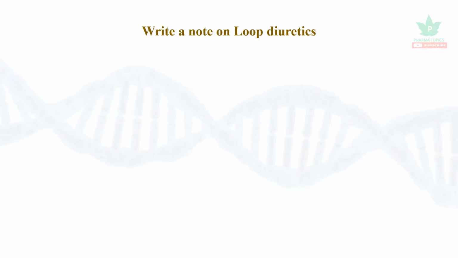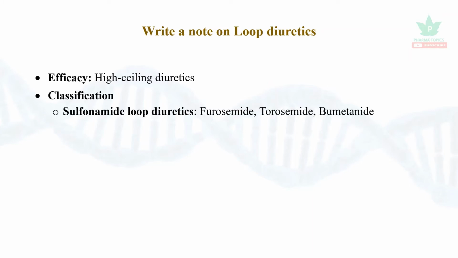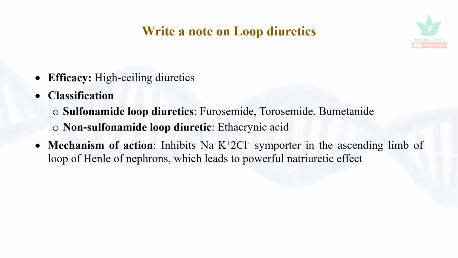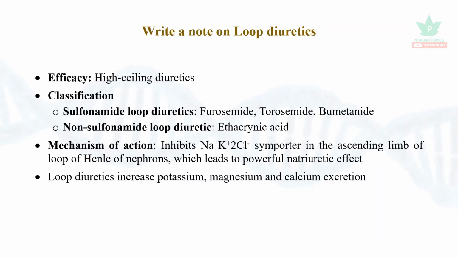Next is loop diuretics. They are called high efficacy or high ceiling diuretics. They are classified into sulfonamide loop diuretics such as furosemide, torsemide, and bumetanide. Non-sulfonamide loop diuretic is ethacrynic acid. Mechanism, it inhibits sodium potassium 2 chloride symporter in the ascending limb of loop of Henle, which leads to powerful natriuretic effect.